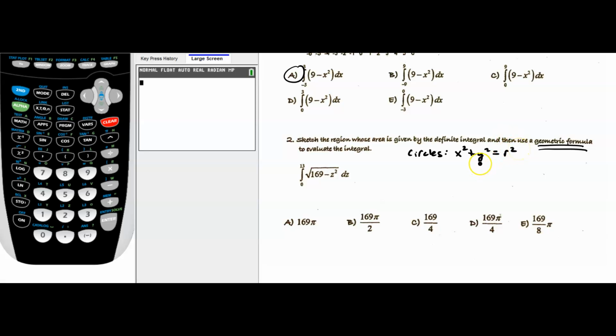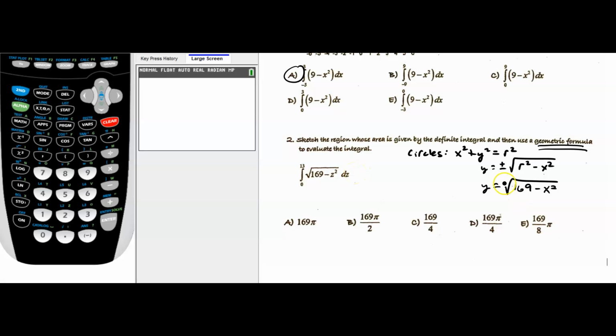So if you ever solved for y in a circle, you get y is equal to plus or minus the square root of your radius squared minus x squared. And so whenever you get an equation like we have here, which is essentially y is equal to positive the square root of 169 minus x squared, it really doesn't matter, this is a semicircle with a radius.